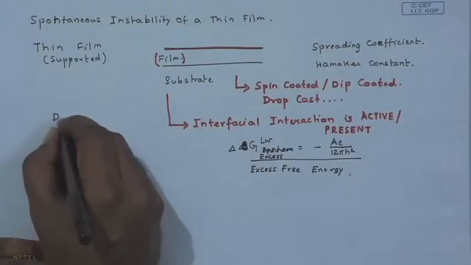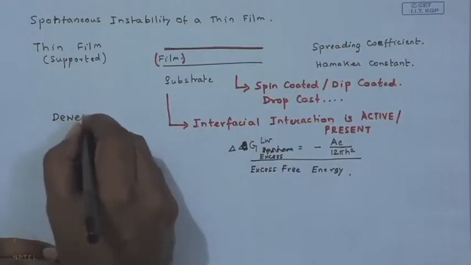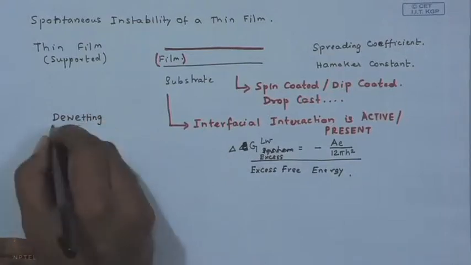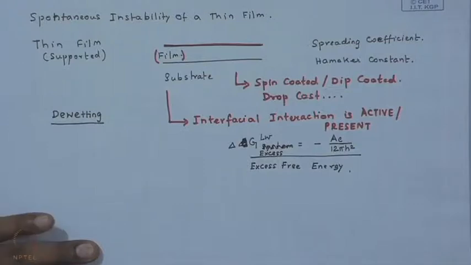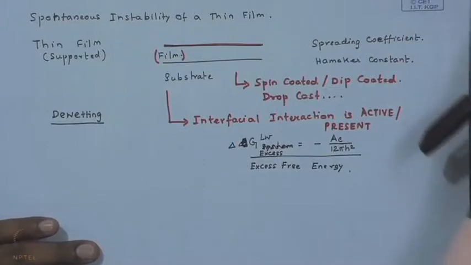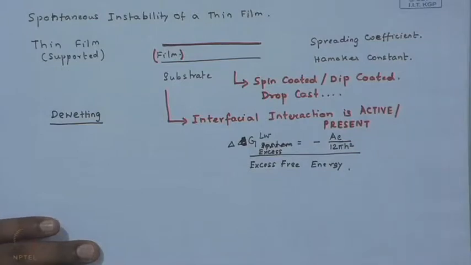Now, a couple of important keywords we are going to pick up in today's lecture, and one of them is the word dewetting. Now, let us try to build our concept on what is dewetting. Dewetting is a phenomenon which can be observed in the macroscopic world as well. It is not that you really have to go down to nanoscopic length scales to observe dewetting.